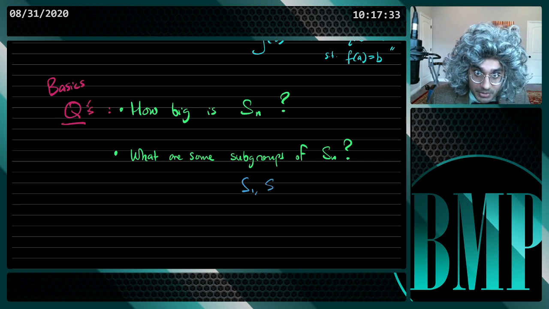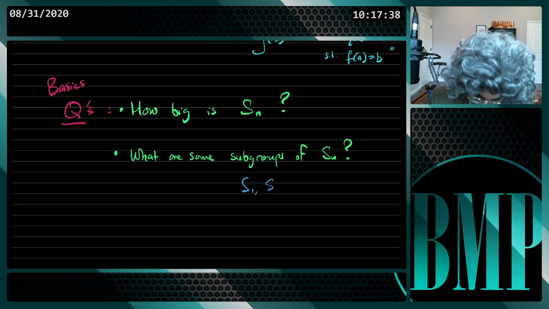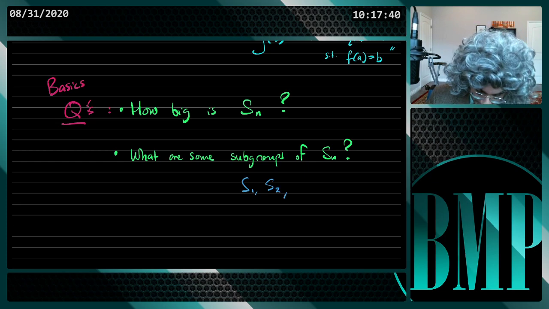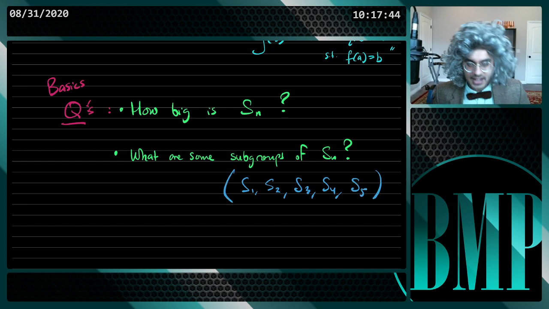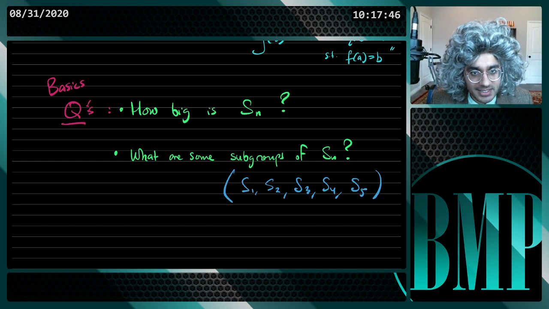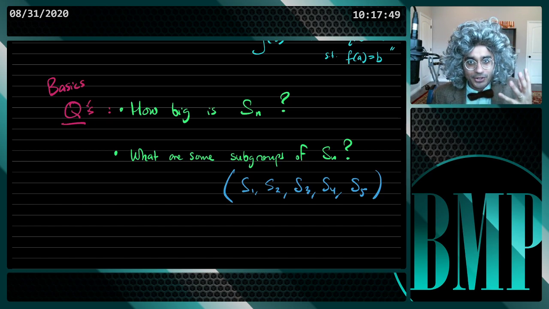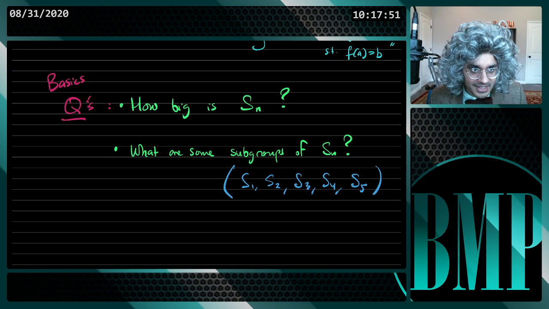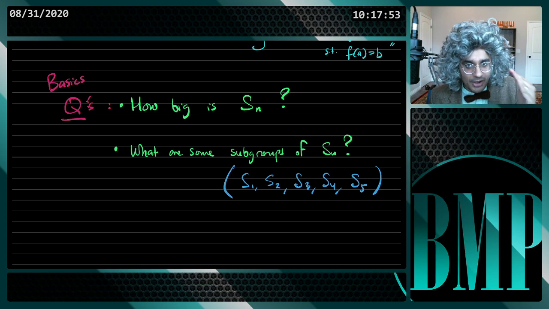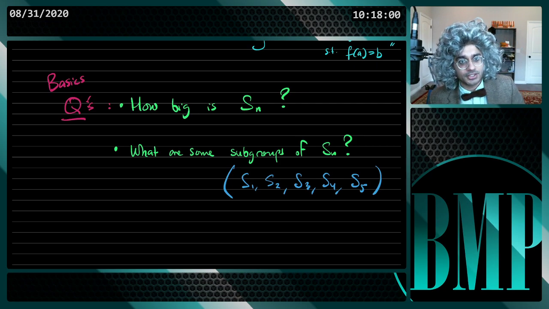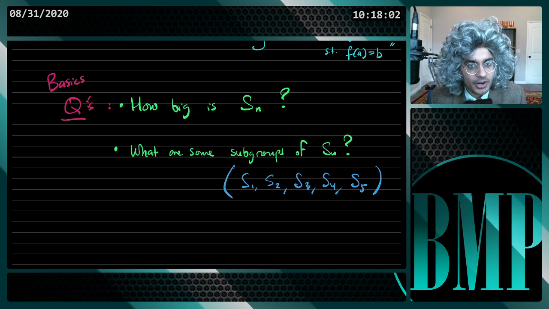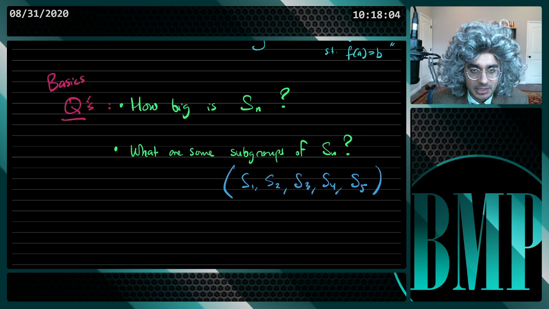S1 is a very simple, silly group. S1 is the identity group, the most trivial group in the universe. S2 is also kind of silly, but let's just get our hands dirty with the first couple symmetric groups. Play around in them, try to compose elements and come up with a system of how to label elements. That itself is a little bit of a story that I have to tell you. So what are some subgroups of Sn? Try to get some understanding of that.